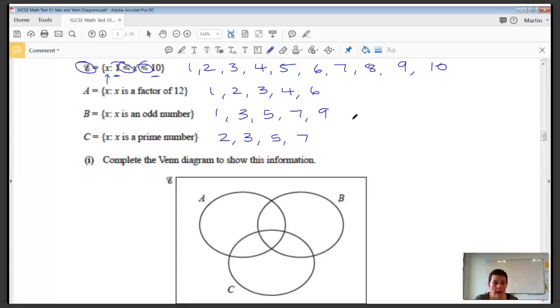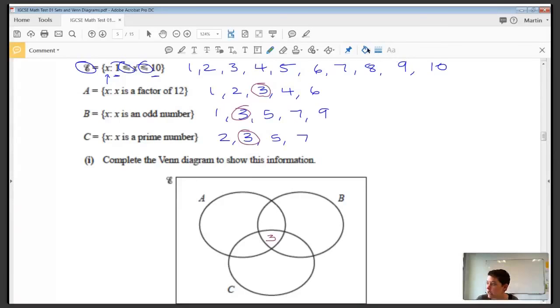Okay, it occurs in A and in B and in C. So if we look through our numbers, our 3 is in A and B and C. So he has to go in the very middle. There's no other numbers that are in all of them.